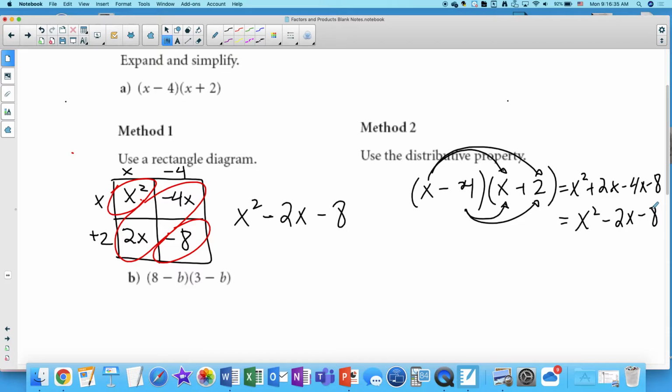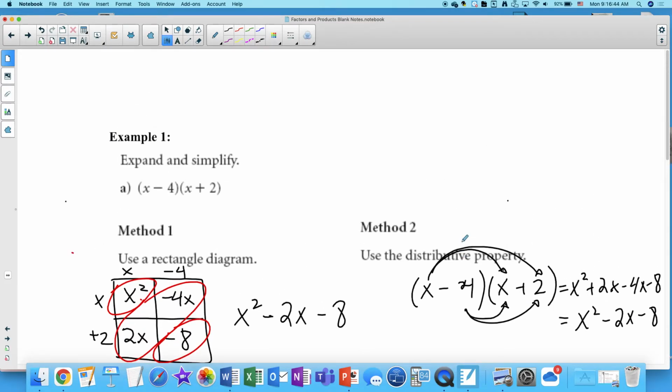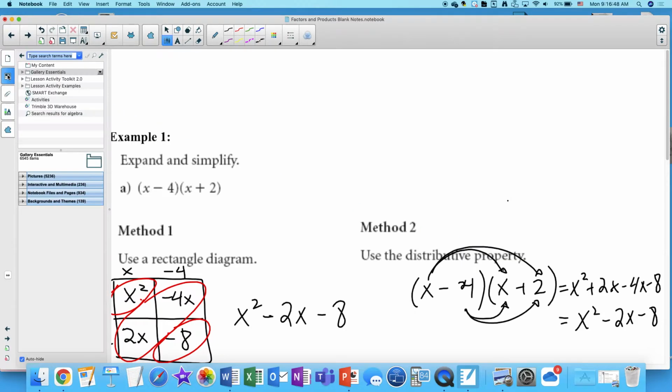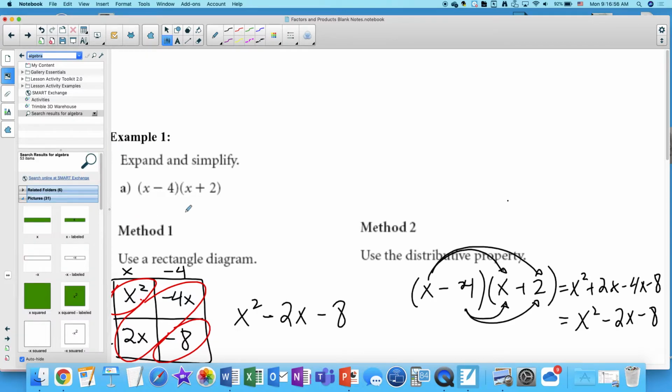Okay, what I also want to show you, we're not going to spend a ton of time doing this, but I just want to show you what this would look like with Algebra Tiles. Okay, so actually I'm going to add a page. If I was doing this with Algebra Tiles, I have a bunch of them here.